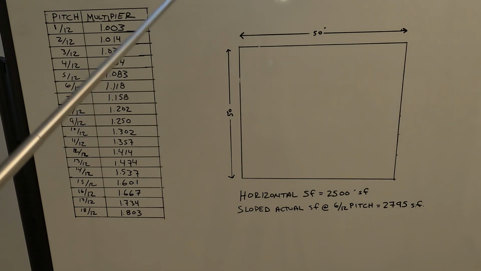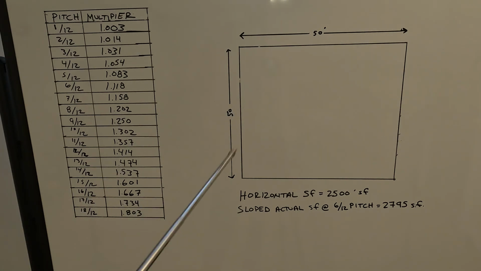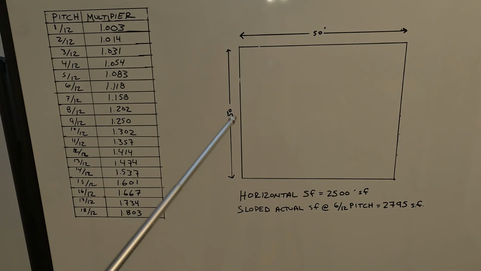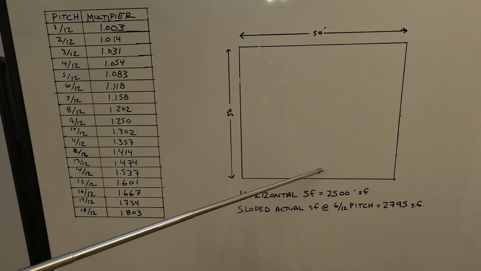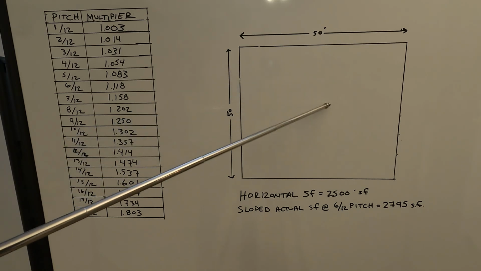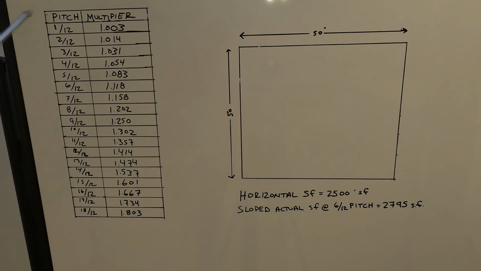So this is just kind of an easy, pretty accurate way if you just want to hop up there, get your pitch, and you don't want to actually pull tape. Because if you pull tape to every area, like from here to here on your peak, and then from here to here on your peak, if you pull all those measurements, you're going to be pulling the slope distance, and it's going to give you the correct square footage.